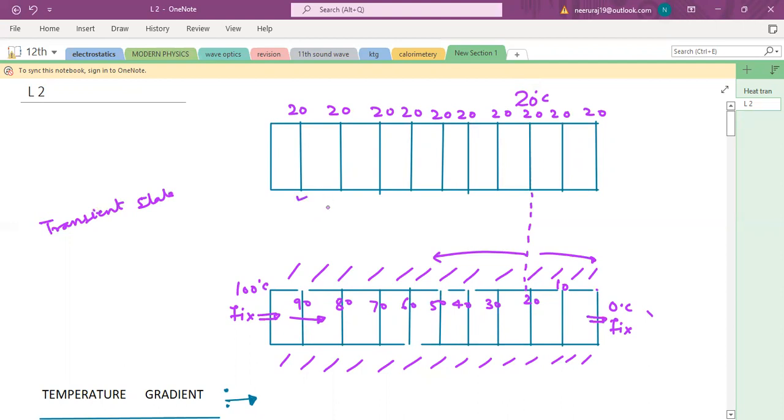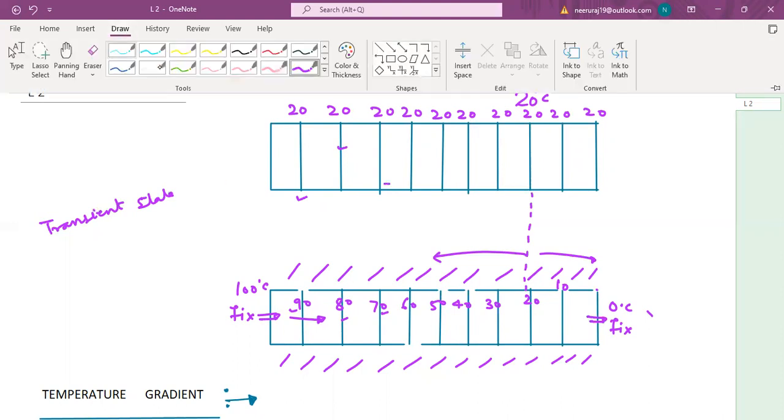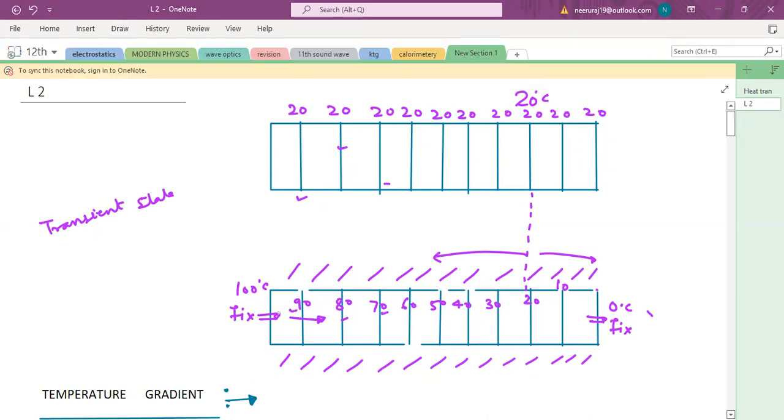Before, the temperature was 20 degrees for this layer, now the temperature is 90 degrees; then 80 degrees, then 70 degrees. So in the transient state, the temperature of the layers changes. And to change the temperature, this material absorbs energy.